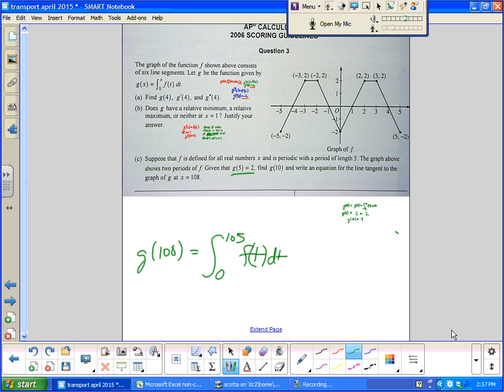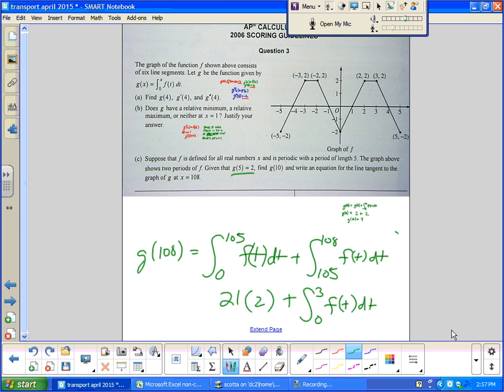So I'm going to do this 21 times, but then I also have to do 105 to 108 to finish this. Well, this we know: it's 21 times 2, from the last problem. But now I have to get the area from 105 to 108. That's the same as the area from 0 to 3.